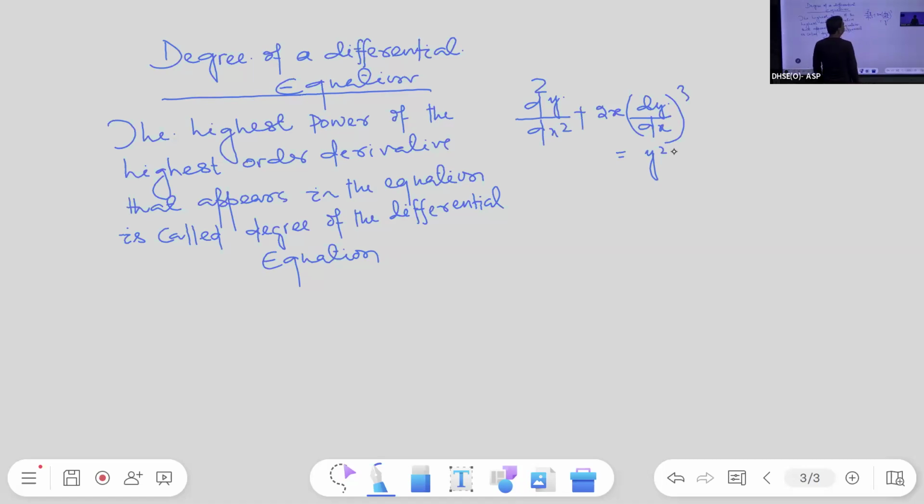Here the highest order derivative is d square y upon dx square, hence the order of the differential equation is 2. What is degree? Degree is the highest power of the highest order derivative. The highest power of the highest order derivative is 1. So the degree is equal to 1. Most of the students commit the mistake. They write degree is 3. Degree is not 3, degree is 1. Degree is the highest power of the highest order derivative.